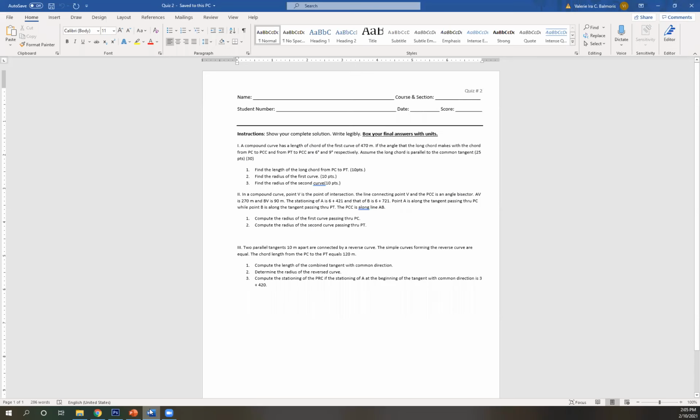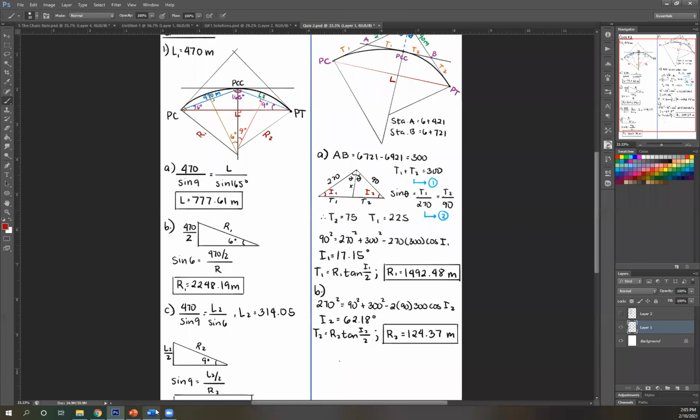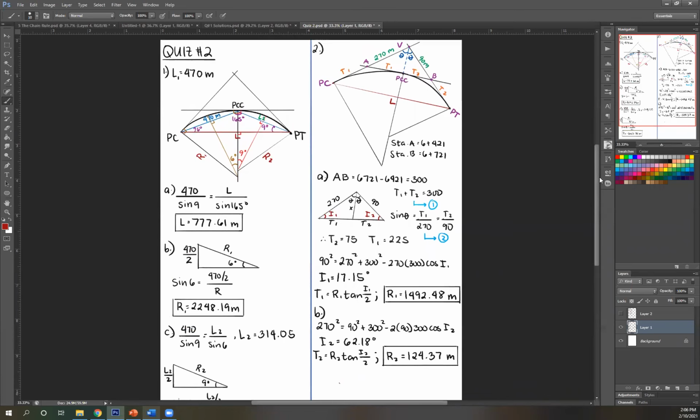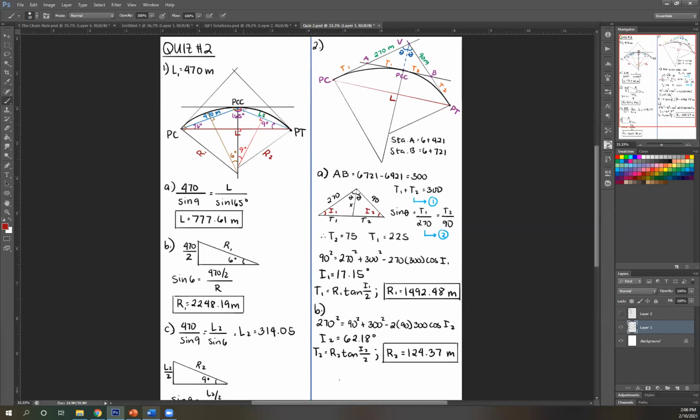Next, letter C. Number 3, rather. Find the radius of the second curve. So finding the radius of the second curve, first, if I want to do this method, I need to know L2. What is given? To solve for L2, same technique, you're going to look for right triangles. You can just look at this triangle again and use sine.